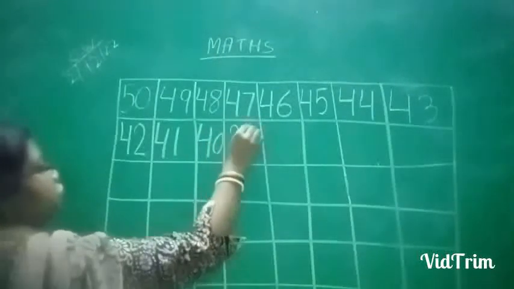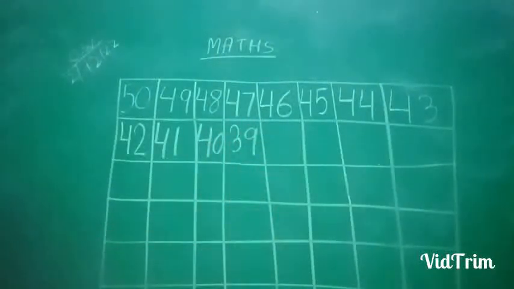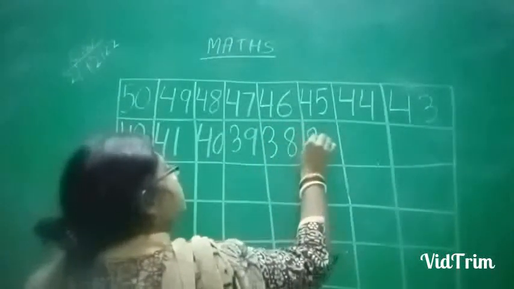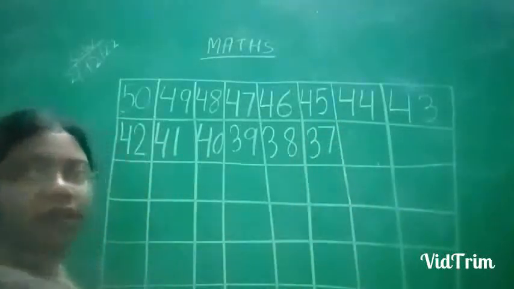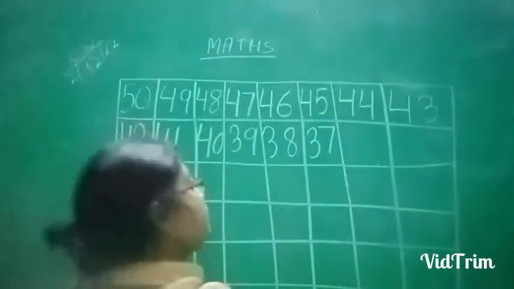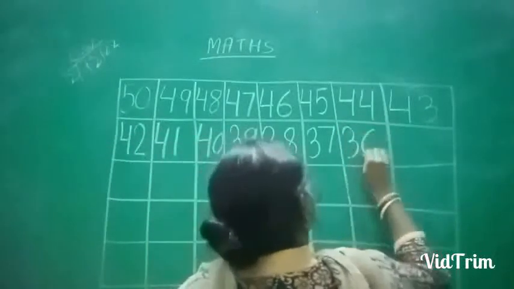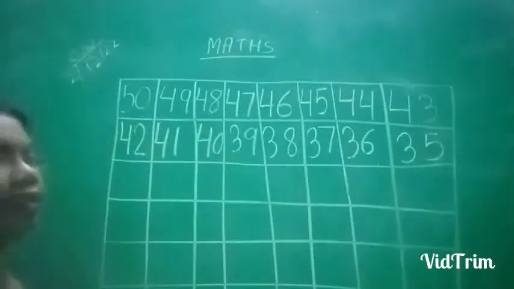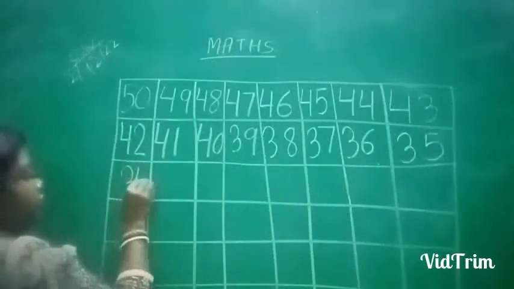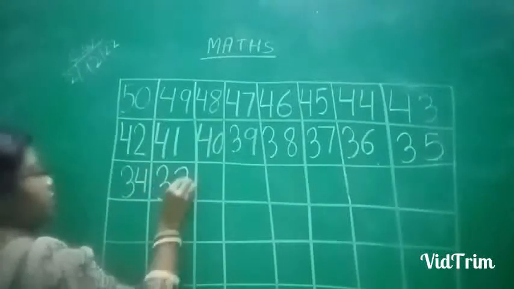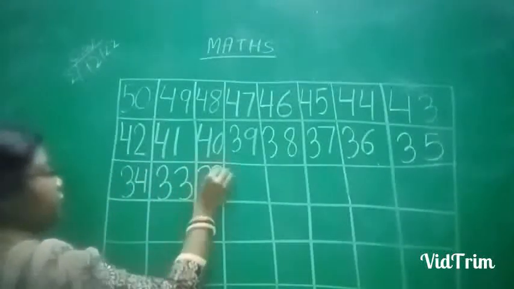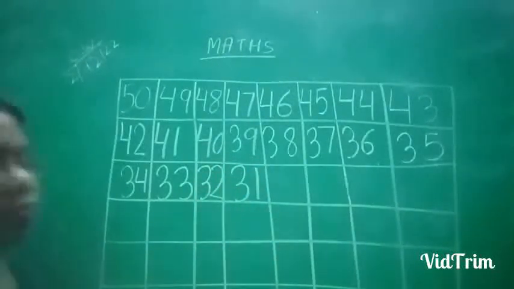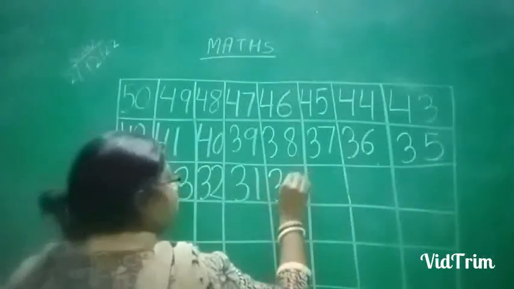Then 39, 38, 37. After 37 is 36, 35, then 34, 33, 32, 31. After 31 is going to be 30.